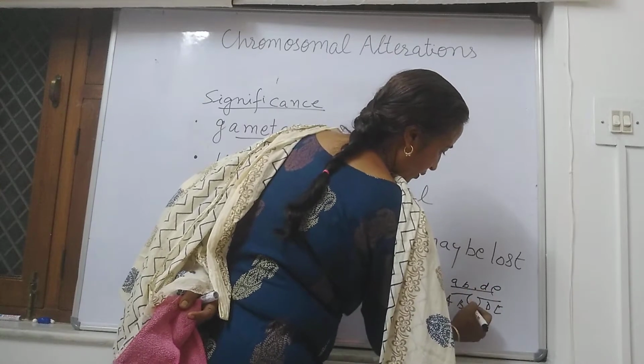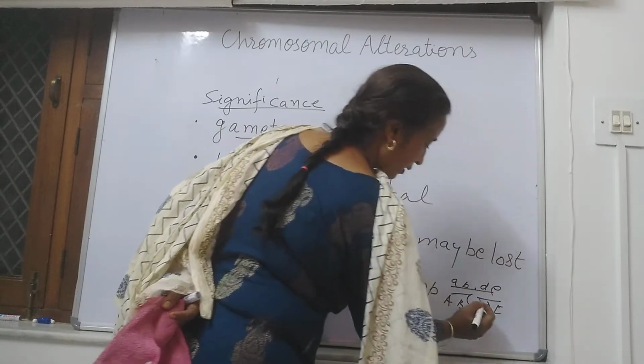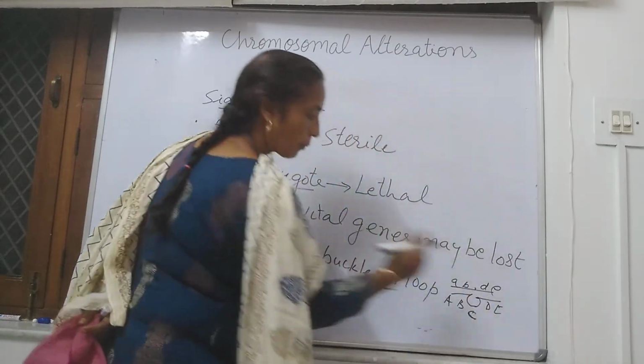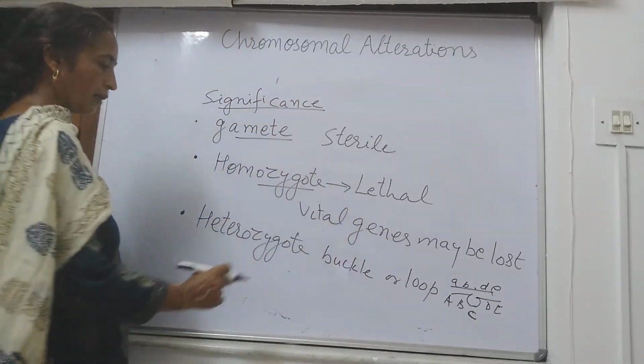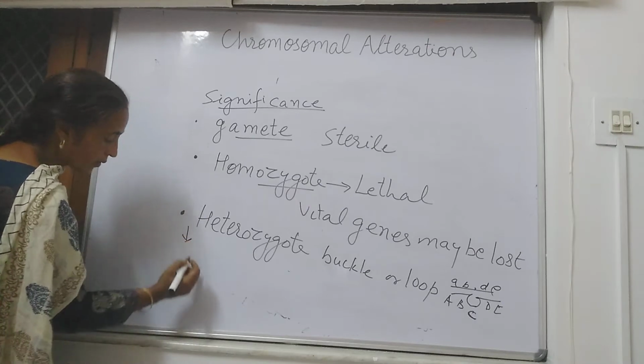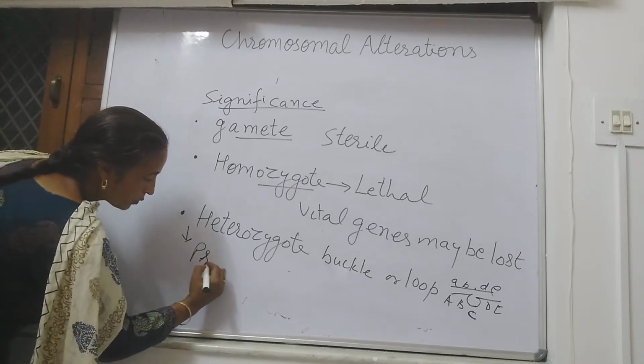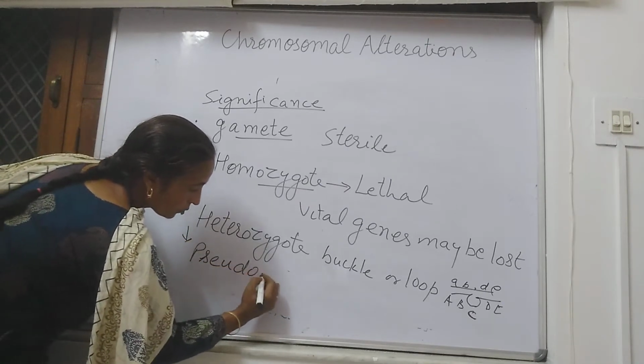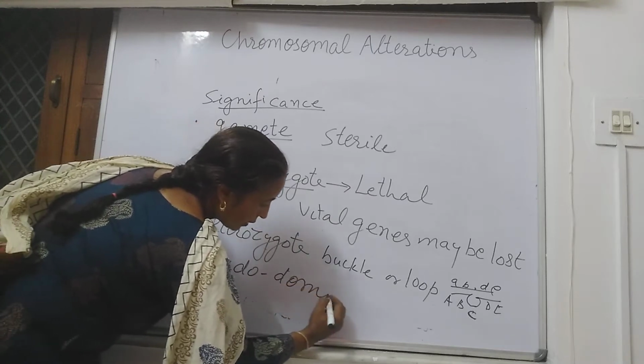Here C is lost and here C is present. So at the time of pairing, the buckling effect occurs, and this leads to the phenomenon of pseudodominance.